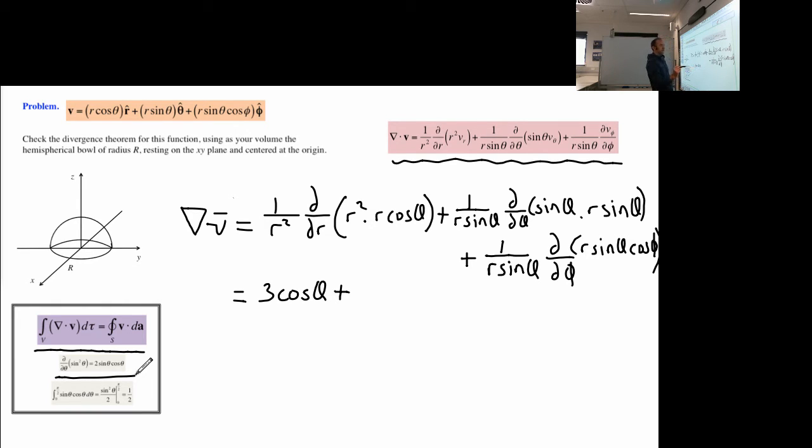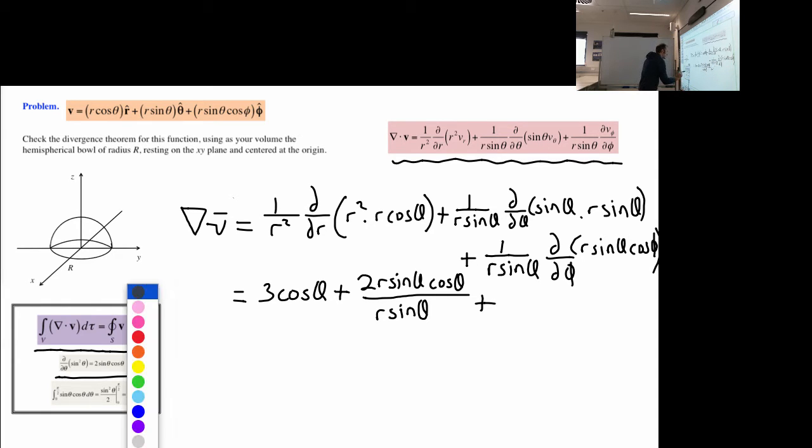So we have 2r sine theta cos theta all over r sine theta, plus, the r sine theta is going to cancel in our final term. We've got the derivative with respect to phi of cos phi, which gives us minus sine phi.